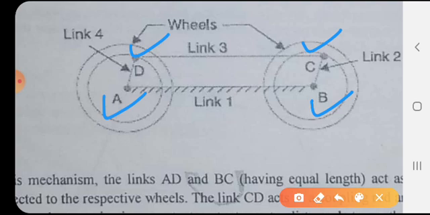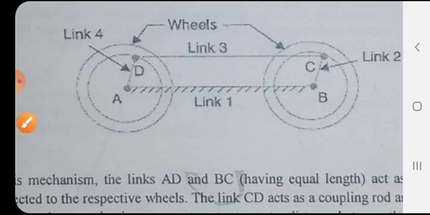So this mechanism is used for transmitting the rotary motion from one wheel to another wheel. This is one wheel and this is the second wheel.